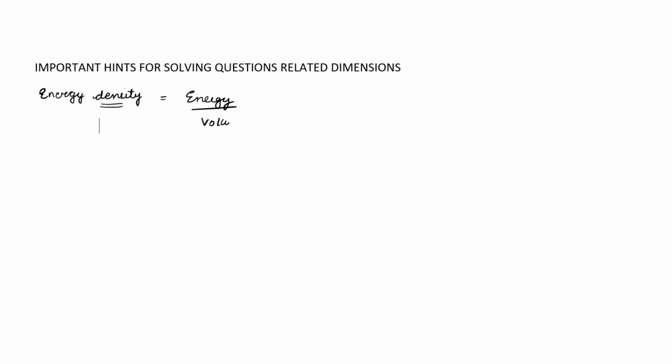So here energy density means energy by volume. How do you find the dimensions of energy density? It's nothing but ML^2T^-2 by L^3, volume, so it's L cubed. While solving, what will you get? ML^-1T^-2. So this is nothing but the dimensions of energy density.